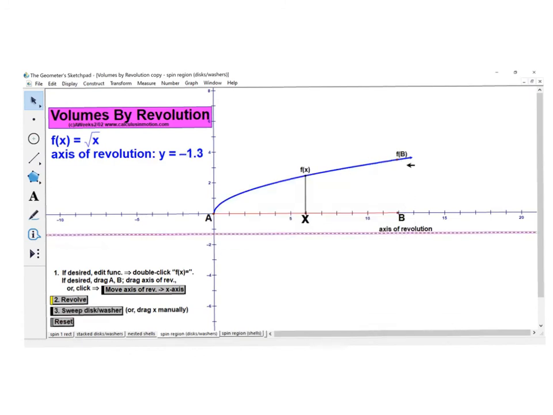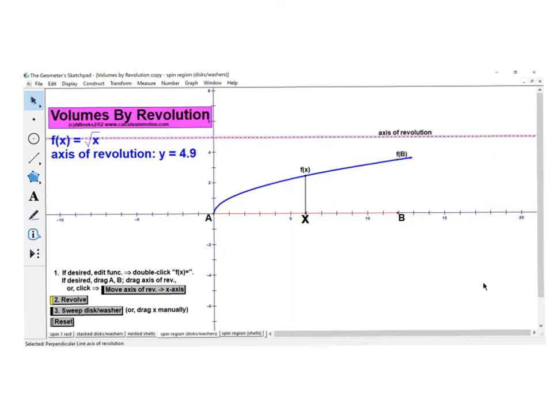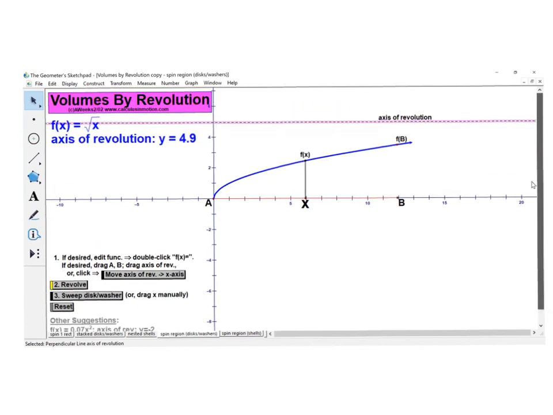Okay. Now let's reset this, and we're going to move the axis of revolution above the region. So I'm going to make it x equals 5. And I'm going to move this down because now we're going to be rotating above. So let's see if we could do this.